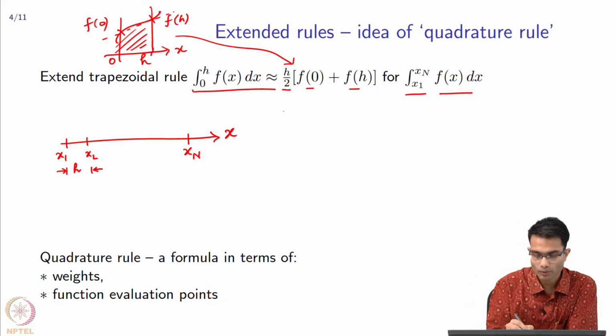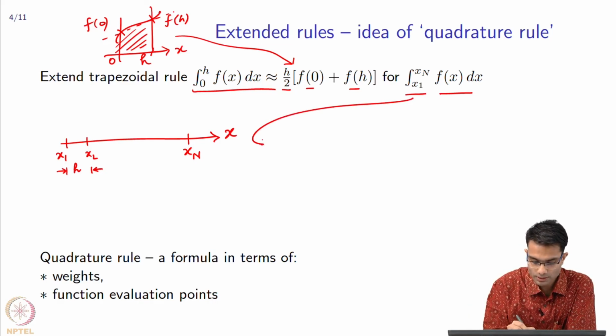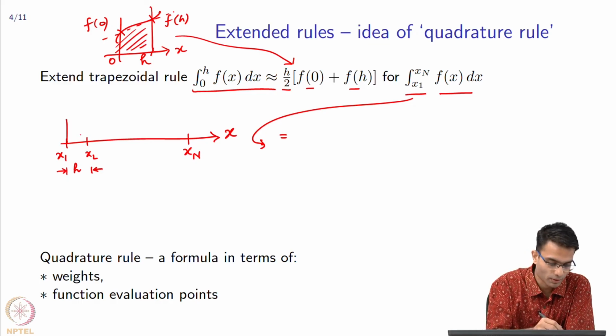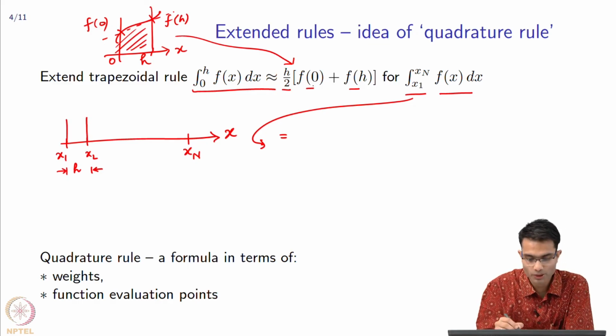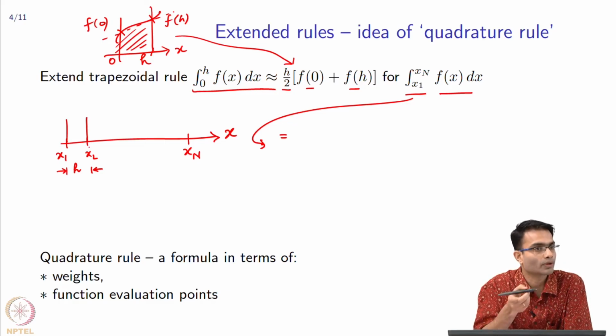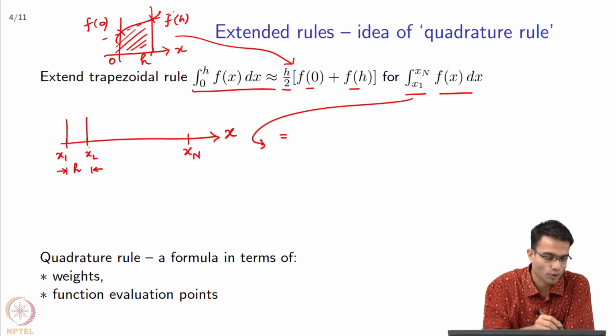So, what do you think it will be? For the first segment, h by 2 will come and I will get f of x1, then I will come to x2, I will get f of x2, and its coefficient will be h by 2 from this interval.